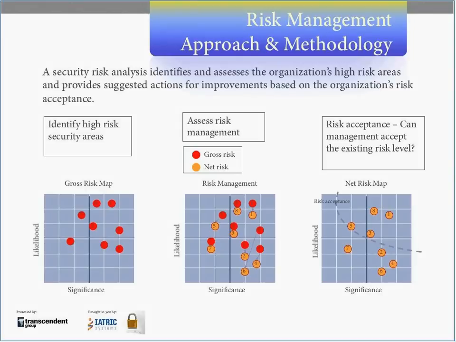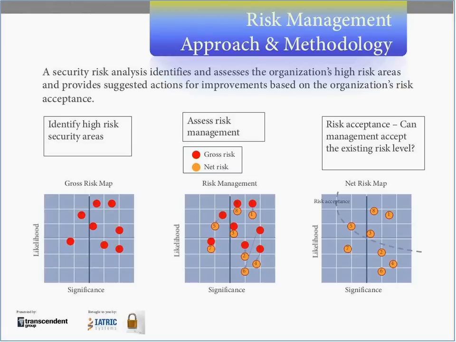So now we've defined the scope. Let's look into the methodology, how to actually perform the risk assessment. The execution of an IT security risk assessment is relatively straightforward, as you see in this three-phased approach. First, you see on the far left side, the gross risk map. First, you need to identify your organization's IT security risks and evaluate the business impact.